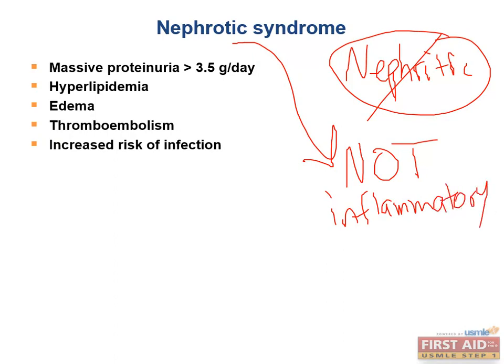Let me repeat that again. It's not an inflammatory condition. Now, what does that mean? There's usually no fever and no hematuria.